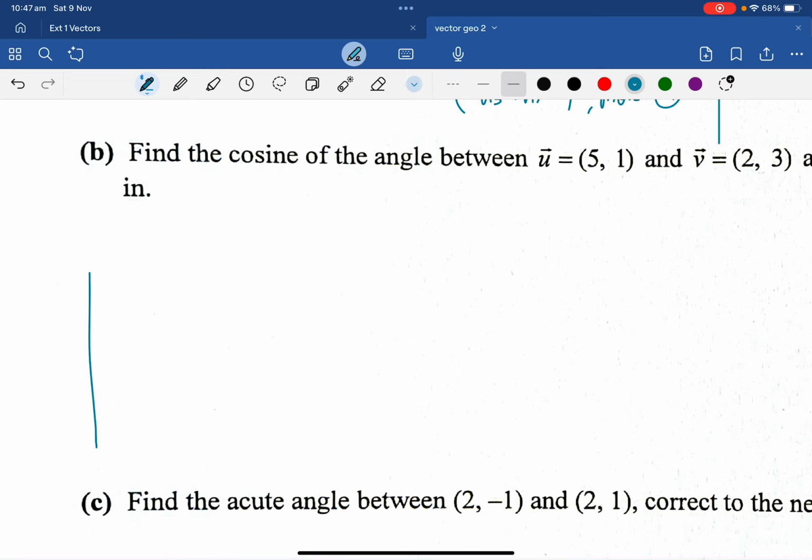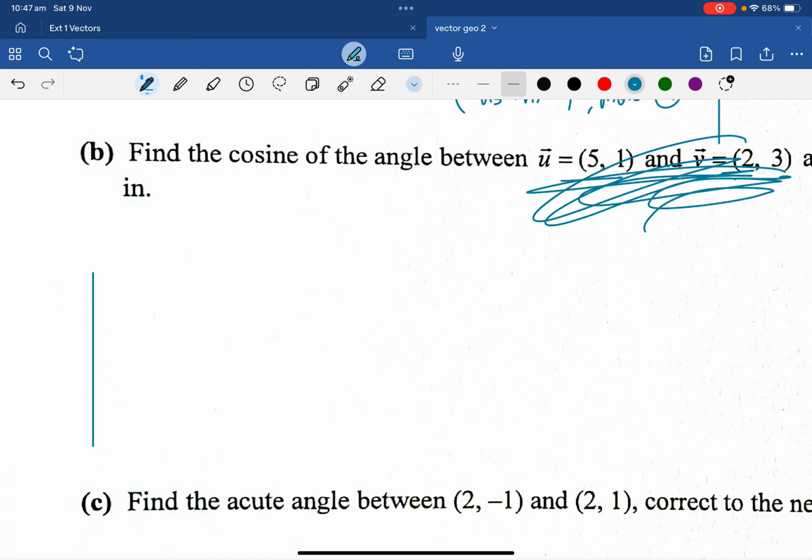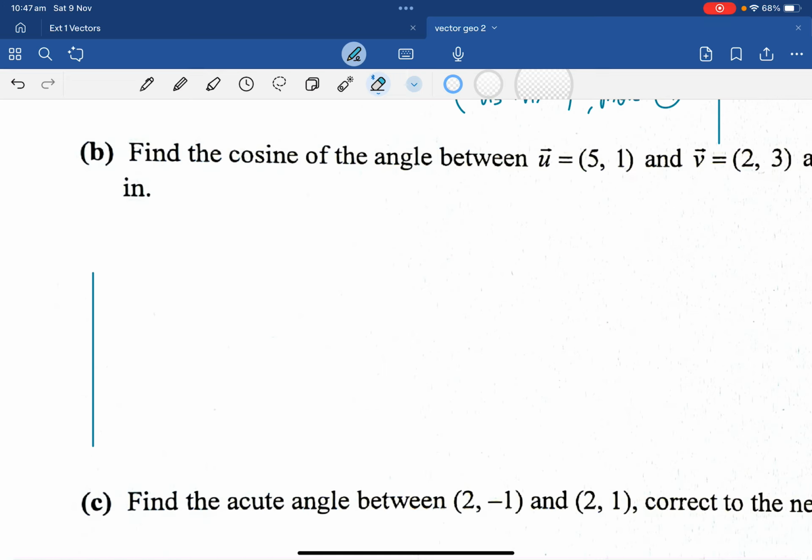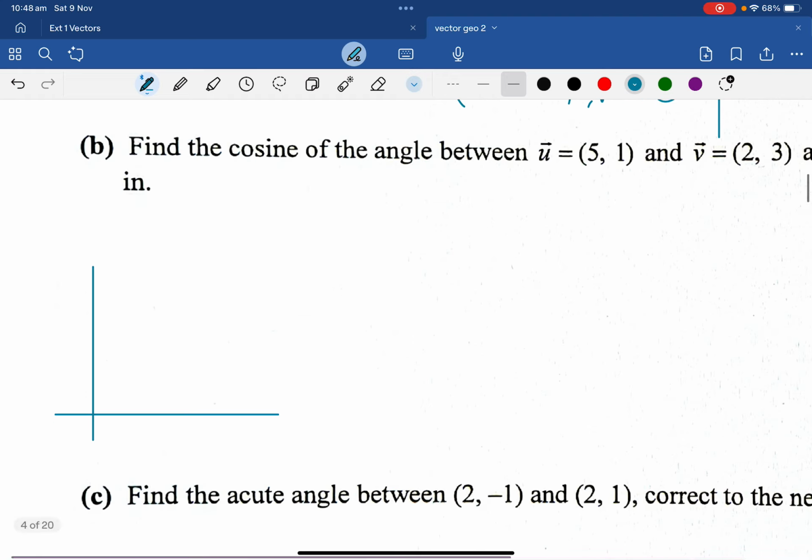We notice that none of the numbers are negative, so we can construct our axis purely on the upper x-axis. So we got phi 1 something like this, vector u, and vector v is 2, 3.